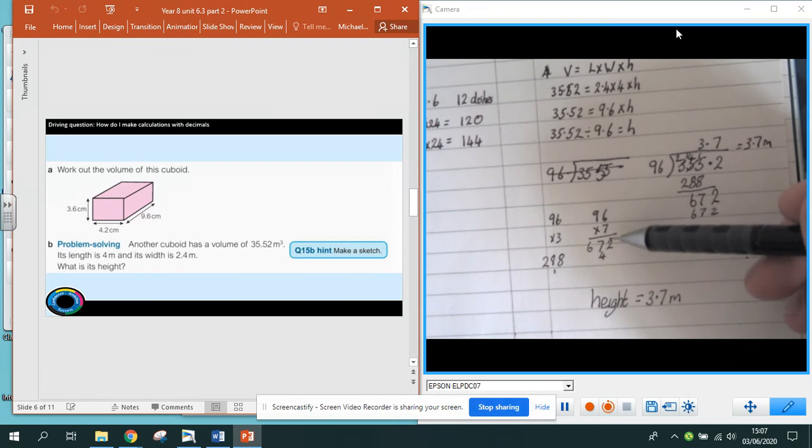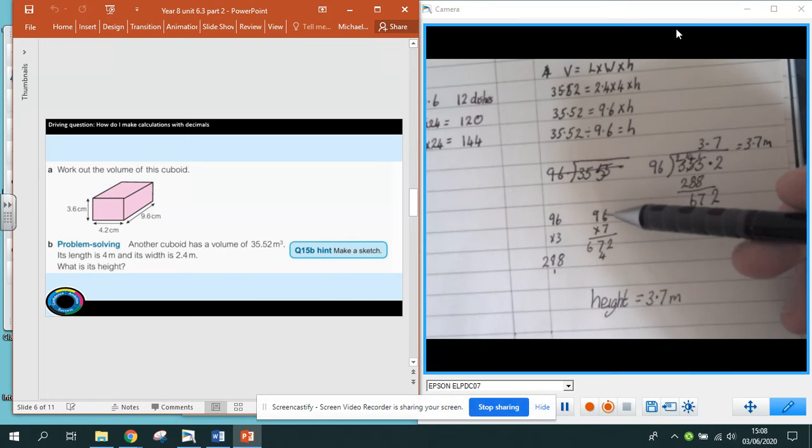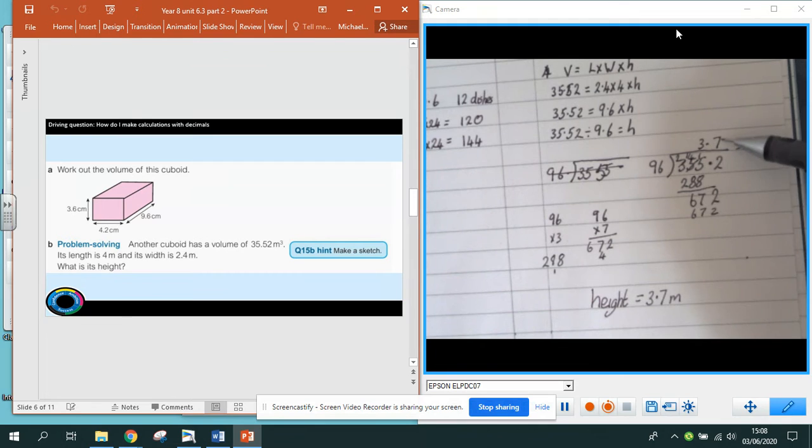Well, 3 96s are 288. So I did that. That left me with 67. I brought down the 2 that gave me 672. I tried 7 and I got really lucky because 96 times 7 is 672, so that will be the 7 there. Nothing to remainder, so the height is 3.7 meters.